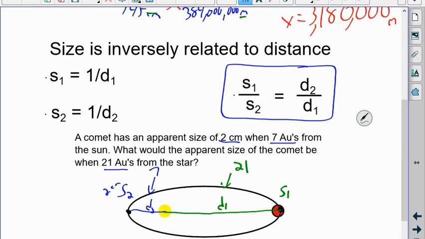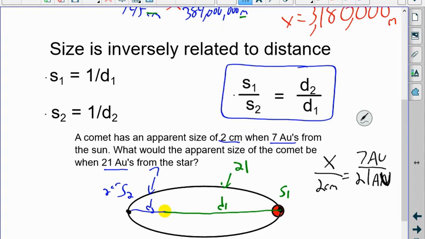So when I plug in my numbers, S1, I don't know, over S2, which is 2, is equal to D2, which is 7 AUs, over D1, which is 21 AU.